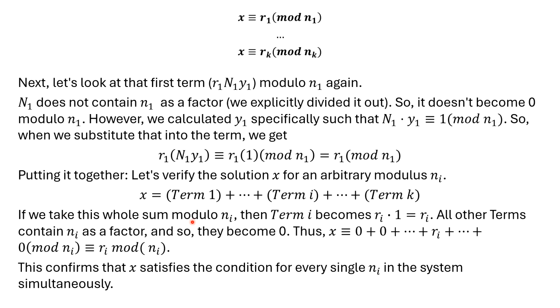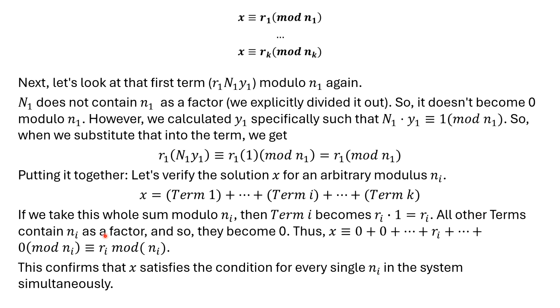We take this whole sum modulo n sub i. The ith term becomes r sub i times 1, which equals r sub i. It's using the argument that we used up here, but just in general for modulus n sub i, in other words, the ith equation in this system.